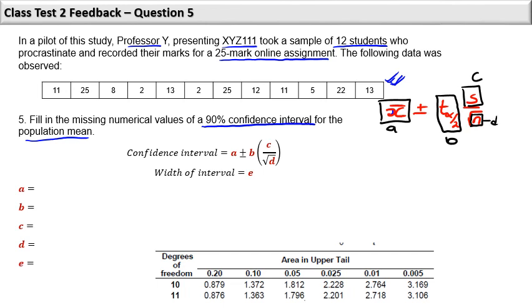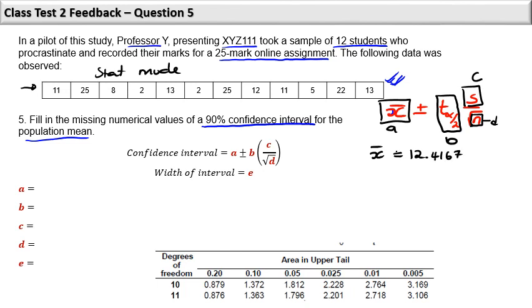This is your D. Now, what you can do to find these values is plug these values into the stats mode of your calculator, and you will see that the calculated x bar value will be equal to 12.4167.